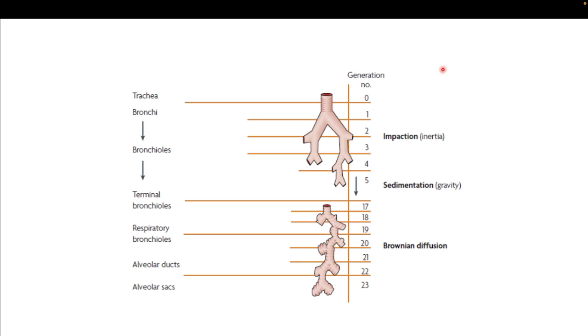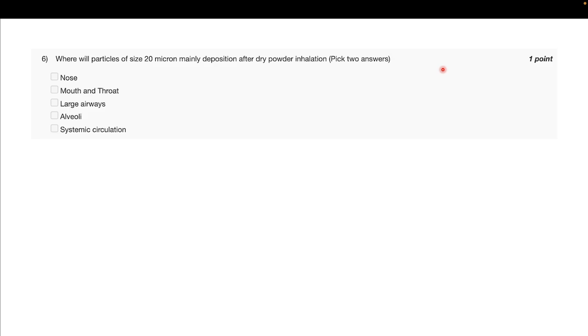That's why the 1 to 5 micron range becomes very important. So the question is, where will most particles of size 20 micron deposit after dry powder inhalation? The correct answer is nose, mouth and throat, and large airways. Is this clear? People who answered 4 and 5, I hope this makes sense.